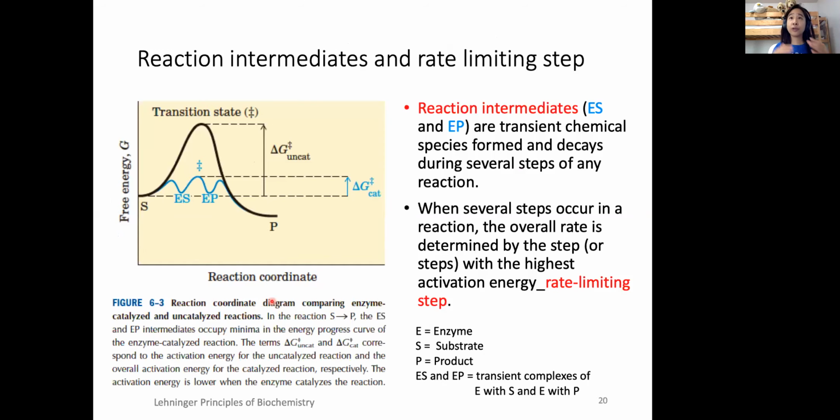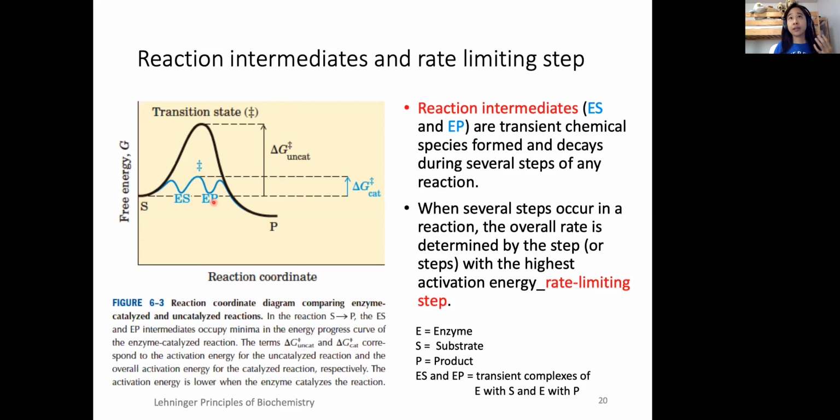Before we go into more detail about enzymes, I want you to know a few more things. The reaction intermediates, like enzyme-substrate and enzyme-product, are transient chemical species with a very short life. They form very quickly and decay very quickly.